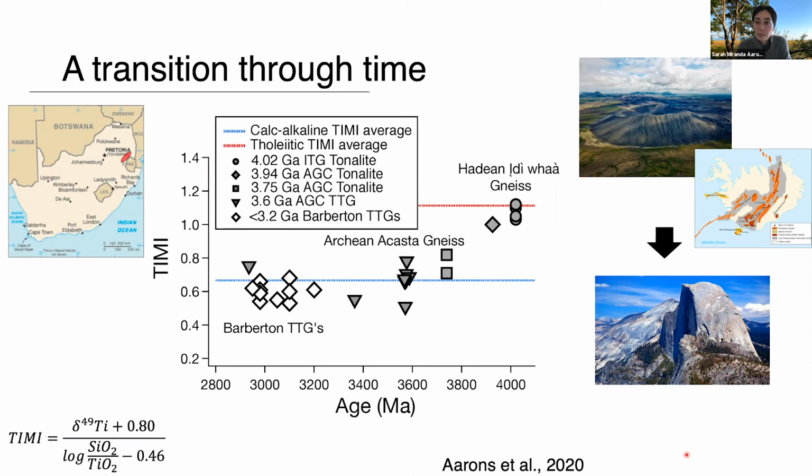So we got some samples from Greenland that cover this time period. And we got some really exciting data that we're currently working on writing up. And I'll just say that it looks similar to what we were hoping to see. And it would be great to get some more samples to probe these questions further.